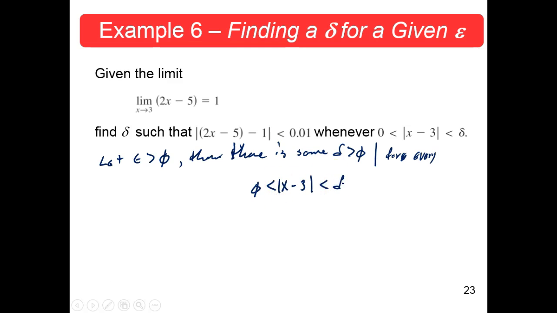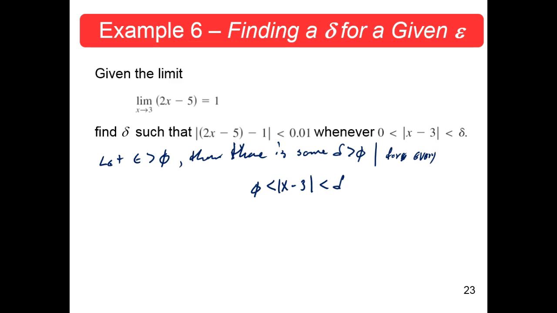For some epsilon you're targeting, you're looking for the delta that's going to make this true. For every x, no matter how close to or far from 3, you have a delta such that this is true. See, x minus 3, this is x approaching 3, so that's what goes here.